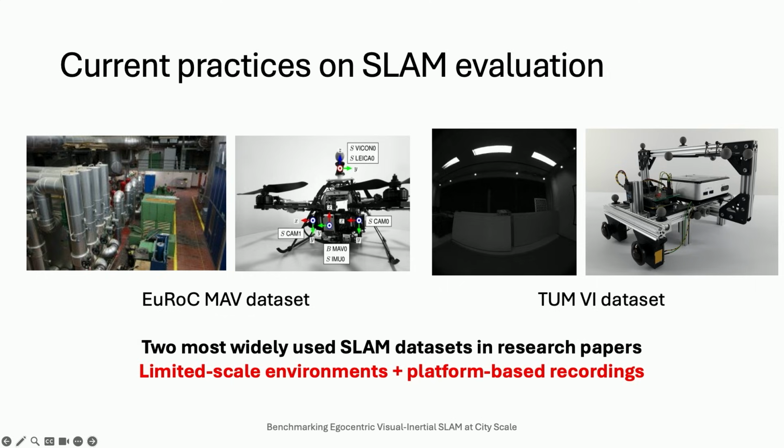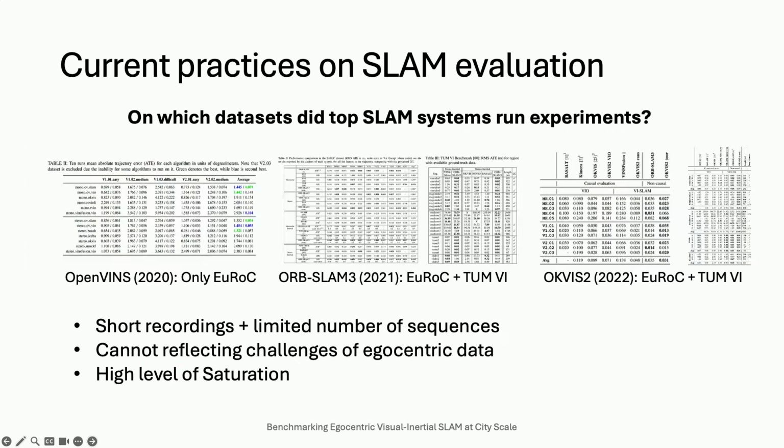On the left, you can see that the Zurich data set is recorded with a drone with a multi-camera setup, and the TUM dataset is also highly dependent on robots and handheld devices to be able to record.